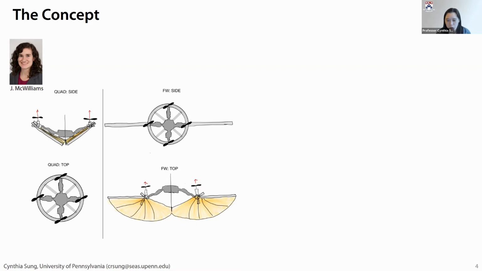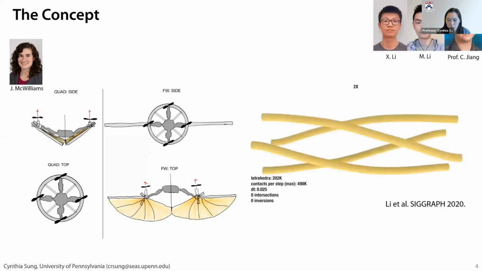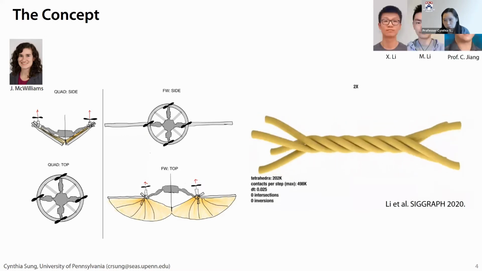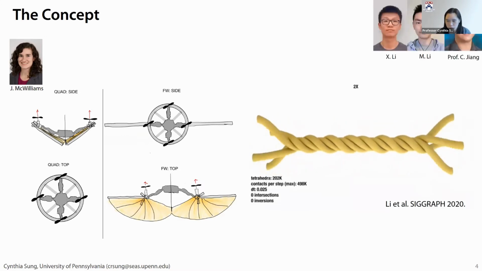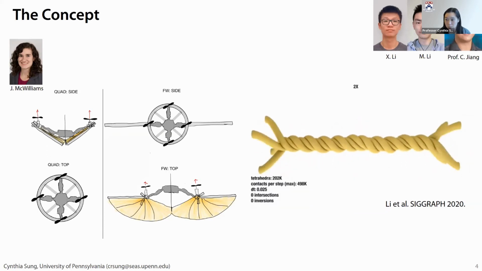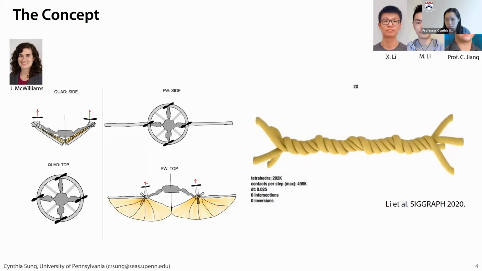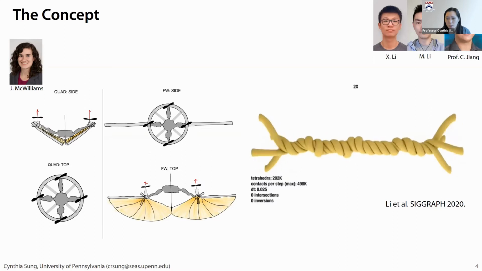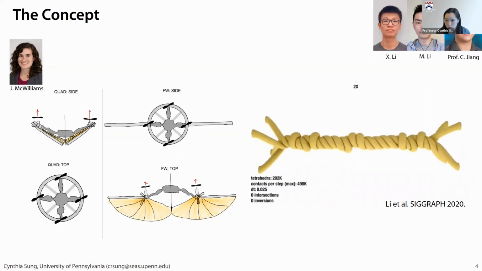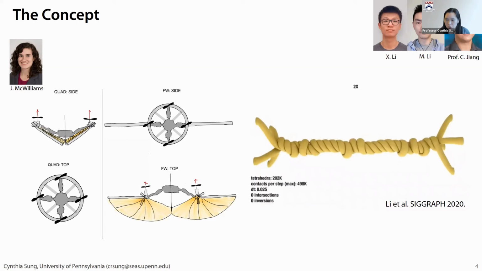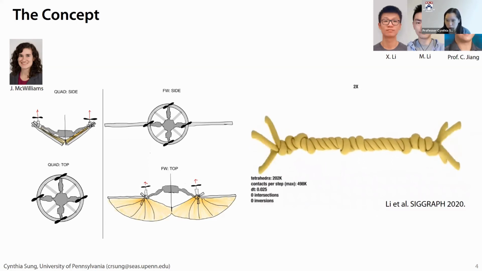At the same time, we also found out about the work from one of our now collaborators at Penn, Professor Chenfanfu Jiang, who works on dynamic simulations. And they had recently released an interior point contact method, which can simulate very, very complicated scenarios with compliant objects.